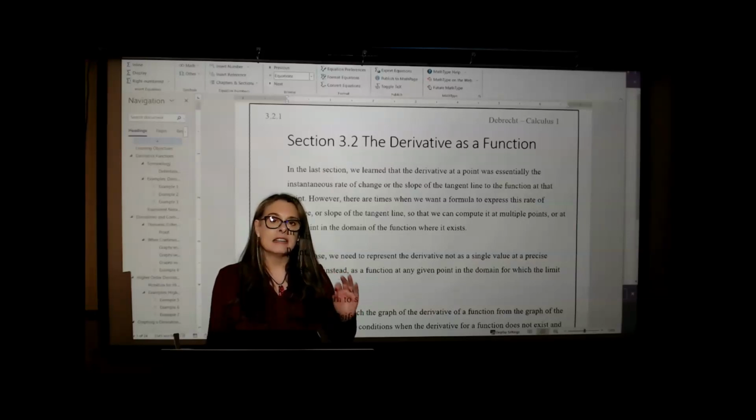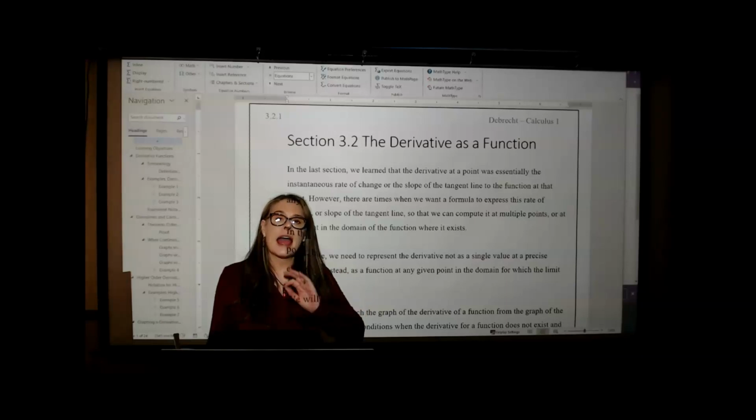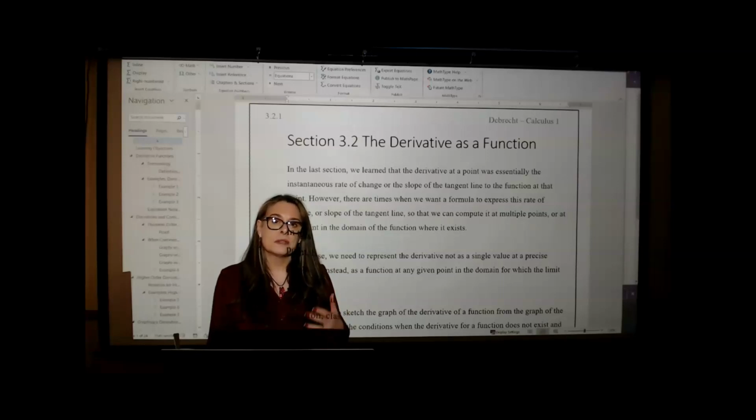That is, finding the slope of the tangent line at any point in the domain of the function for which the derivative exists. Remember that the derivative is the limit of the difference quotient, the limit of the slopes of the secant lines.